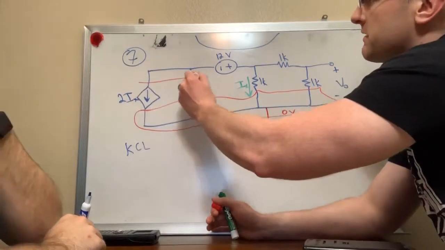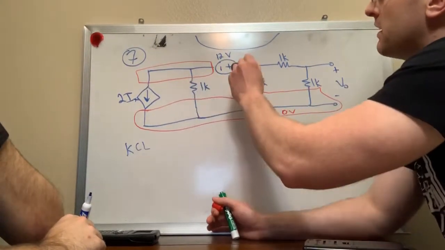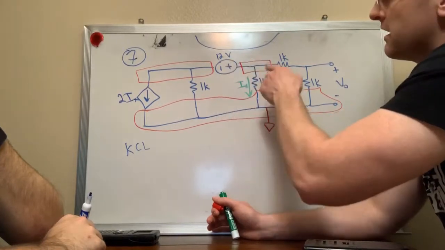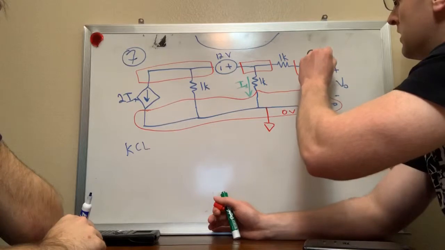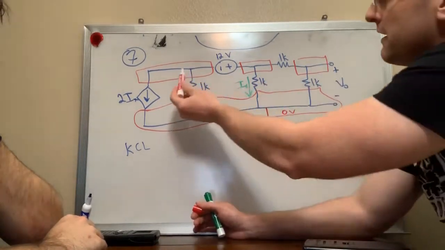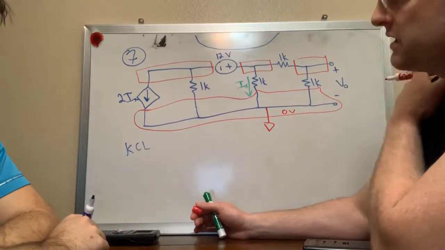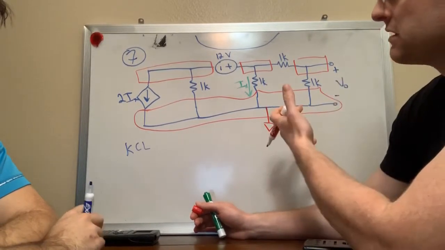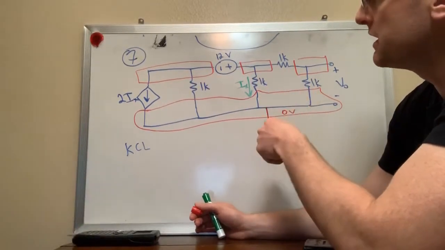Here's another piece of copper that has a voltage on it. Here's another piece of copper that has another voltage on it. And here's another piece of copper that has a voltage on it. Okay. So once you identify all of your nodes in the circuit, then you want to give each node a name. So step 1 is to identify all of your nodes. Step 2 is to give each node a name.